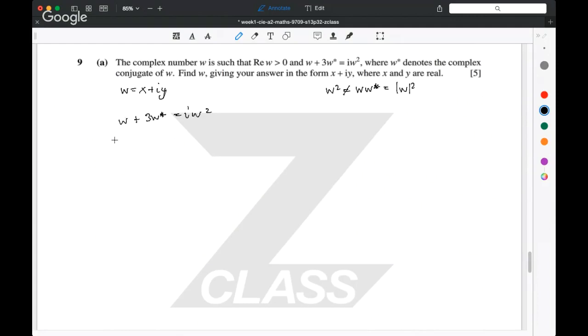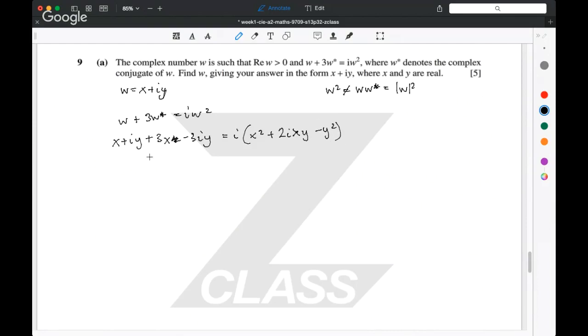So let's see, what's w? Well, it's x plus iy. What's 3w star? Well, that's plus 3x minus 3iy, because w star, you just flip the sign of the i, is equal to i times w squared, which is x squared plus 2ixy minus y squared, because you square the i and that becomes a minus.